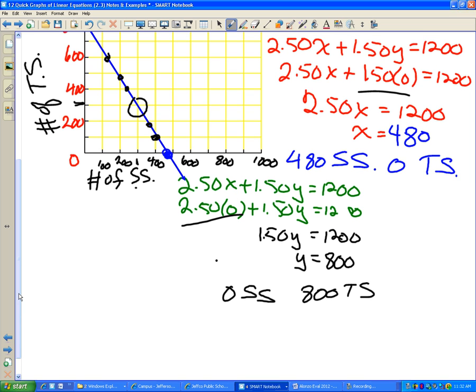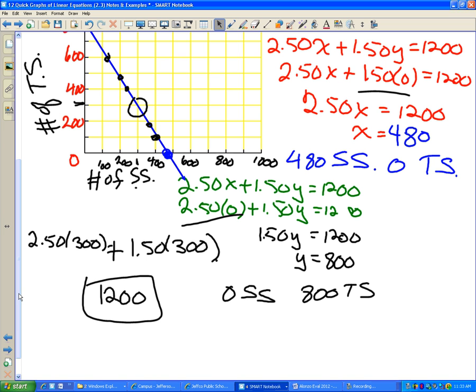So if I go 2.50 times 300 plus 1.50 times 300, I should get 1,200. I'm going to pull out my handy dandy calculator. That's what I've been pausing and doing. I go 2.50 times 300 plus 1.50 times 300, and I get exactly $1,200.